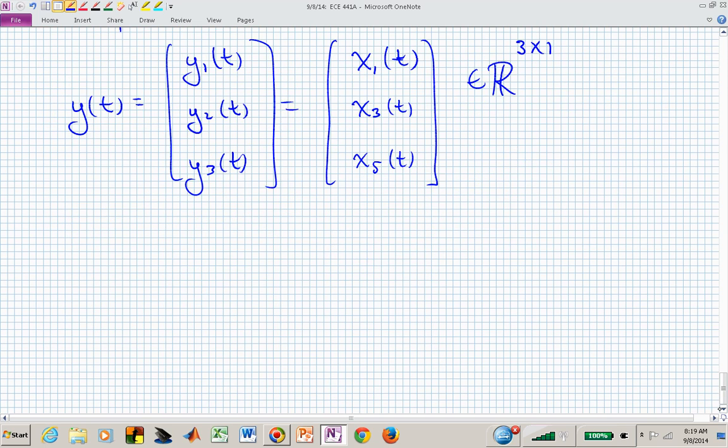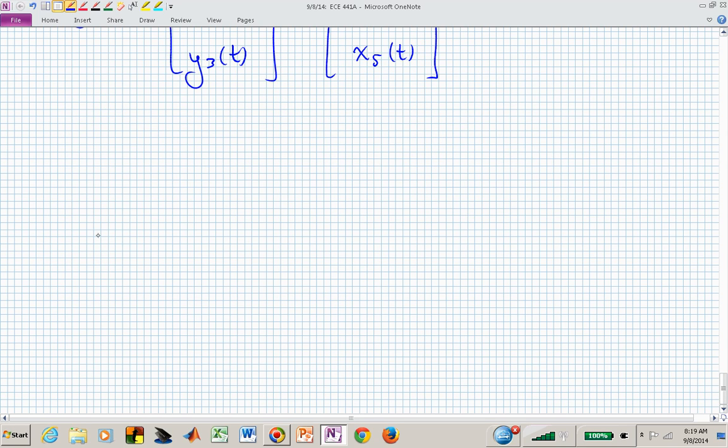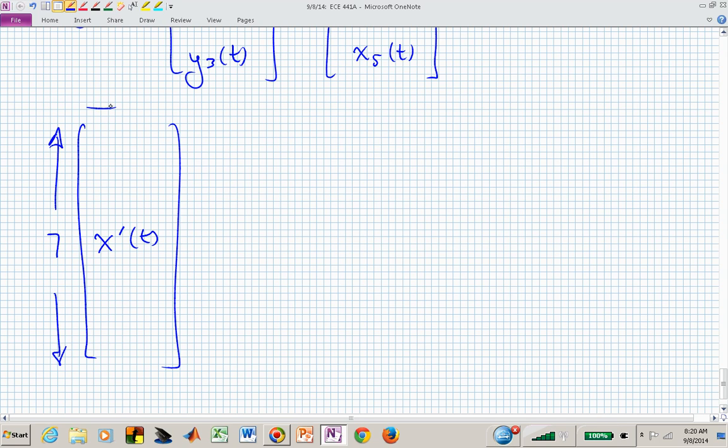And now if somebody wanted to sketch the picture of our state space representation, we could think of x prime of t as this tall vector that's 7 rows tall. It's 1 column wide.